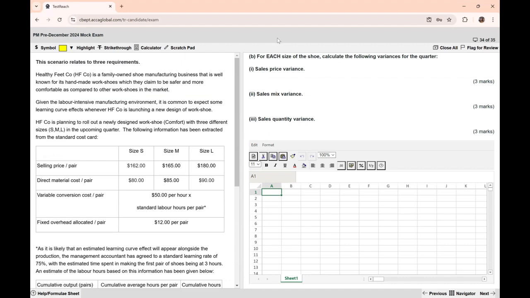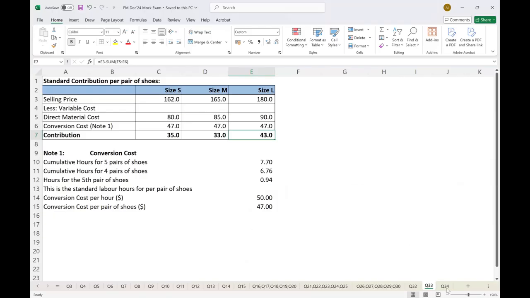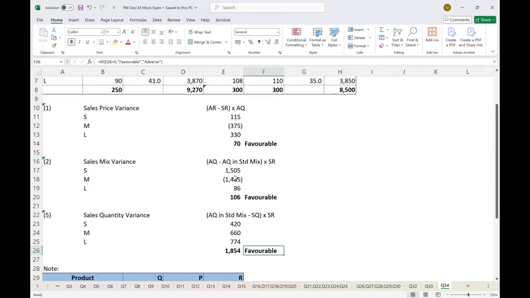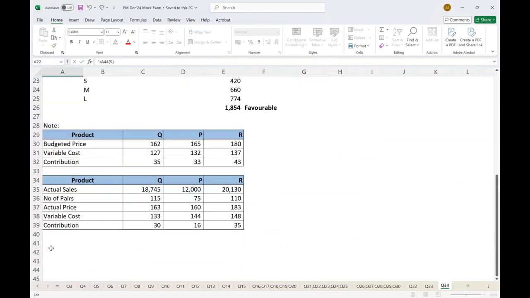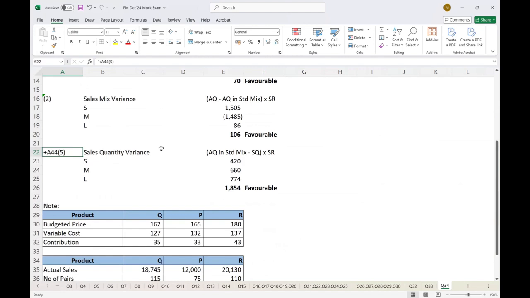Variance analysis is one of the favorite topics of section C questions, let me tell you. It's very frequently asked, so I would request you to please be very, very careful and understand the concept properly.